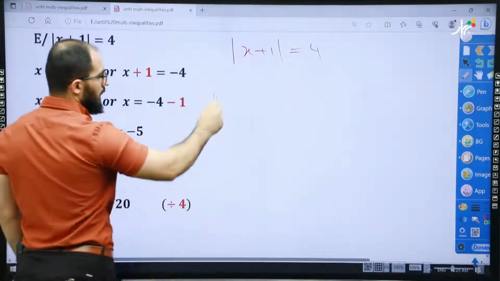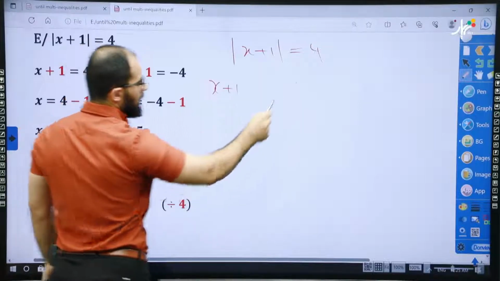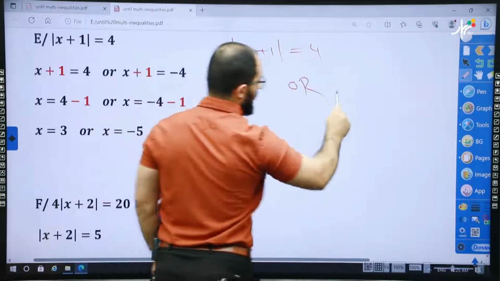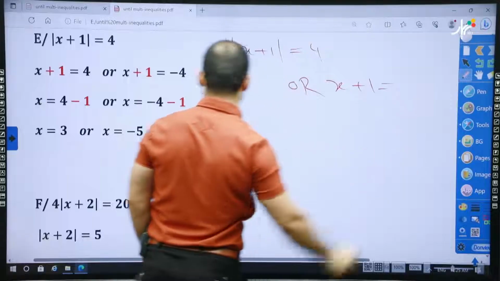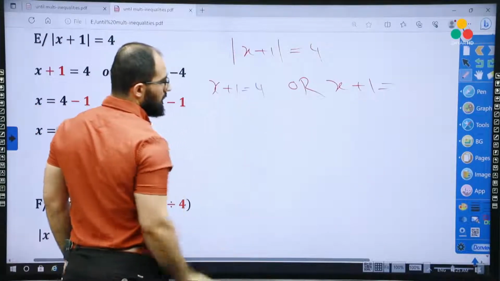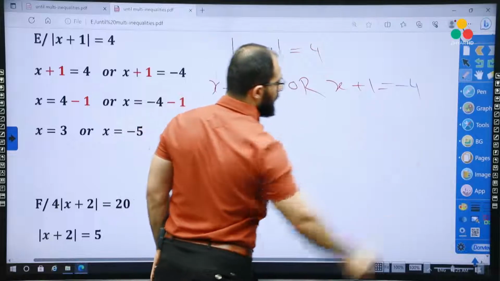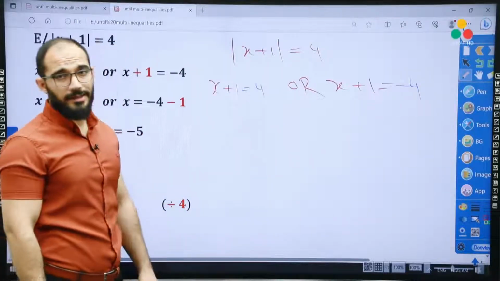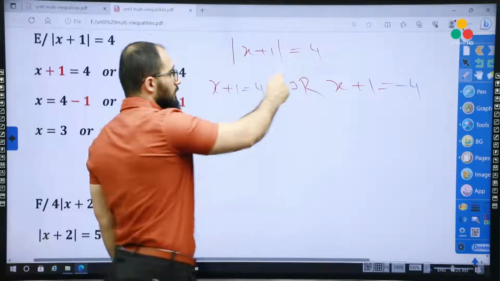So it's going to be x plus 1 equal to positive 4, or x plus 1 equal to negative 4. I'm going to repeat it. Please do not take the 1 to the other side.